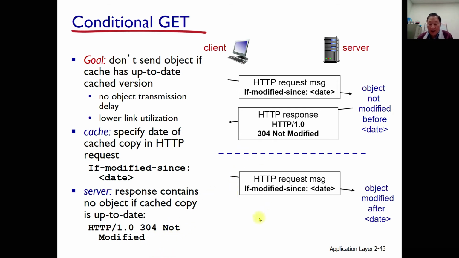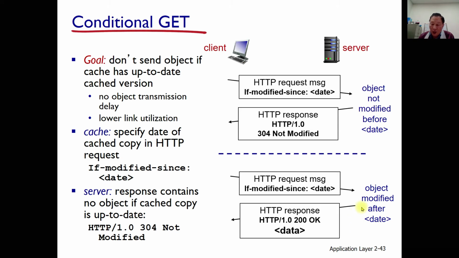But in the other case, if it has been modified after that date, then after receiving the HTTP request with if-modified-since that date, the server checks whether it has been modified or not. If the object is modified after that, then the updated, new, modified object will be sent to the client.